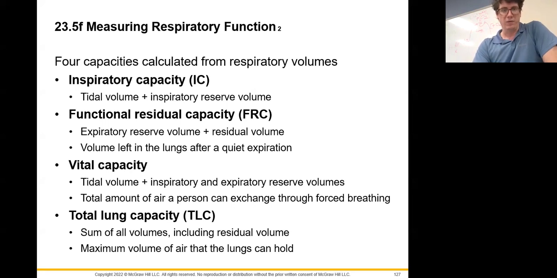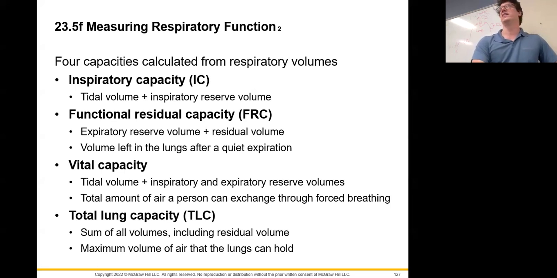Okay. Now, when you exhale as much as you possibly can, you're pushing out as much air as you possibly can. That's going to be what we call this expiratory reserve volume. This means how much air are we keeping in the lungs all the time after a normal quiet breath.